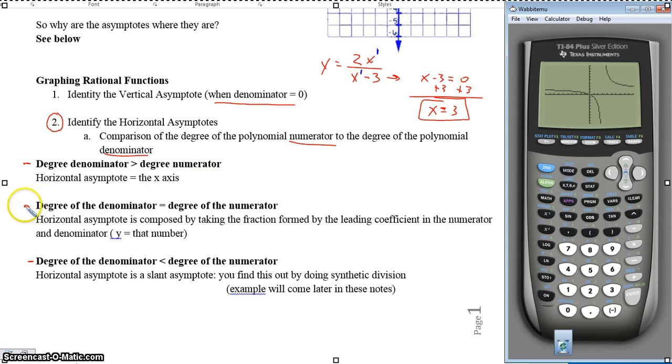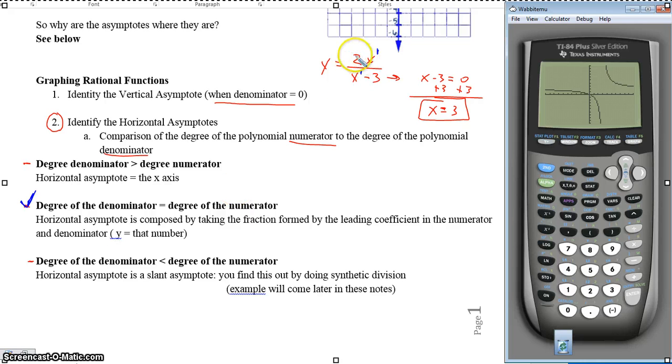So when the degree of the denominator is exactly the same as the degree of the numerator, like in this example, the horizontal asymptote is found by taking the fraction formed by the leading coefficient of the numerator and the denominator, and then you write it as y equals that number.